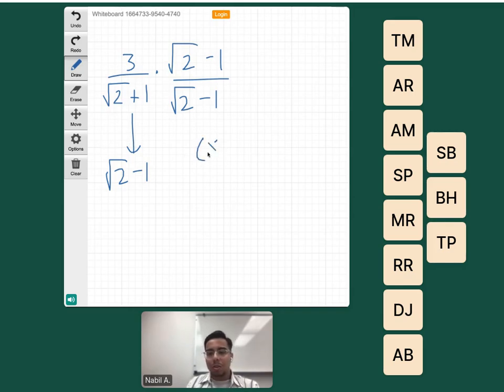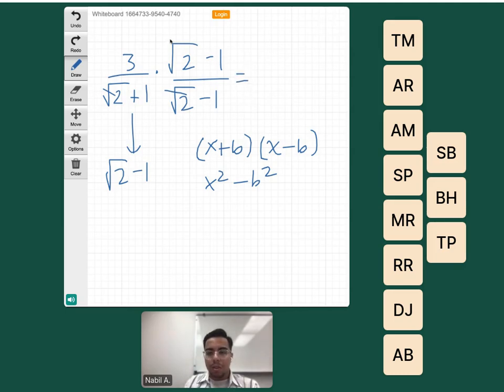So x plus b times x minus b gives you x squared minus b squared. And if we do x squared here, that would take out the radical because we're going to be squaring the square root sign. So that's really the whole point of doing this complex conjugate.